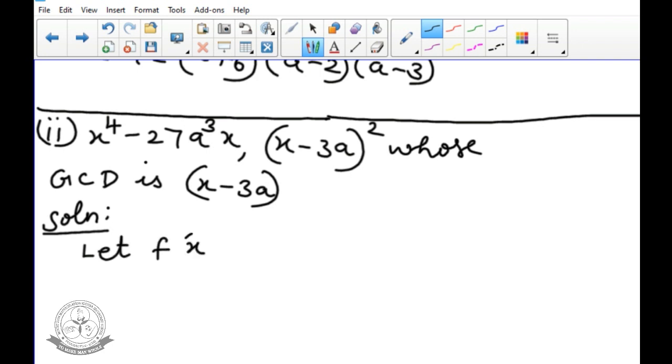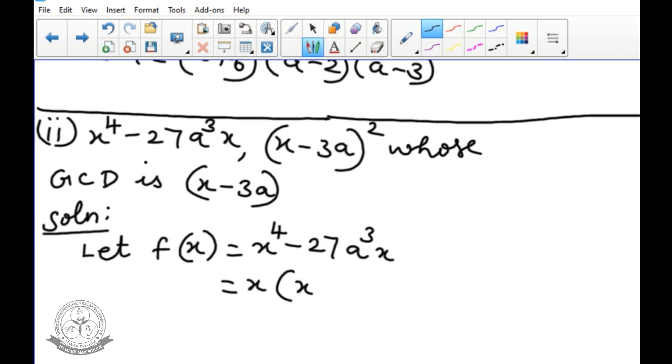Let f of x equal x power 4 minus 27 a cube x. Here x is common, so we take out x, and we get x cube minus 27 a cube.